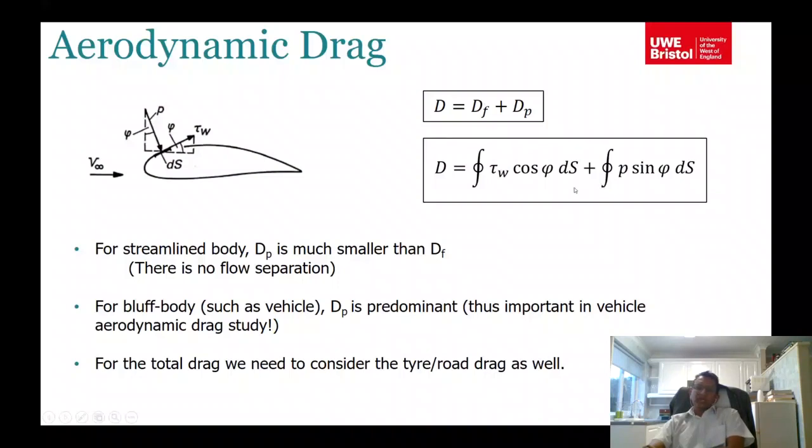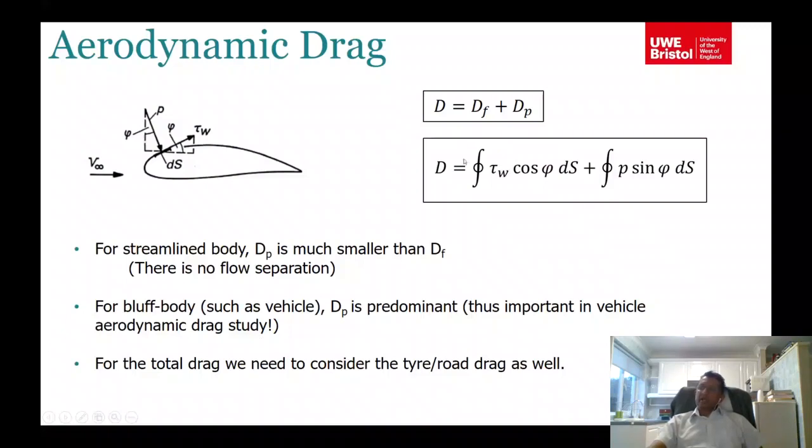For an aerofoil case, your dF is much greater than dP. But for a bluff body, dP is predominant, not dF. So when you do a vehicle aerodynamic study, your pressure drag is quite important.